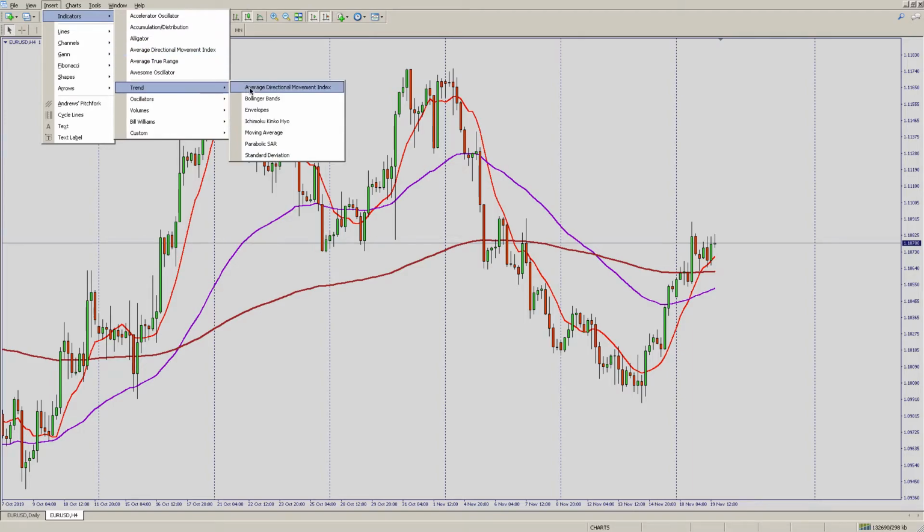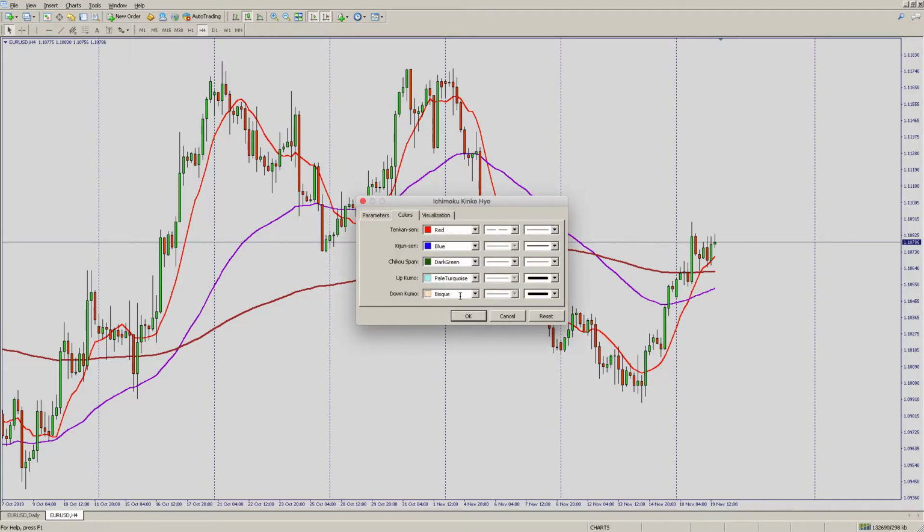Let's set the Ichimoku Kinko Hyo. I'm not going to explain the strategies involved with all these indicators, so there's a lot of other YouTube videos and literature on these, but for our team we do use the Ichimoku for longer term settings, so we will set it for 4 hours and above.